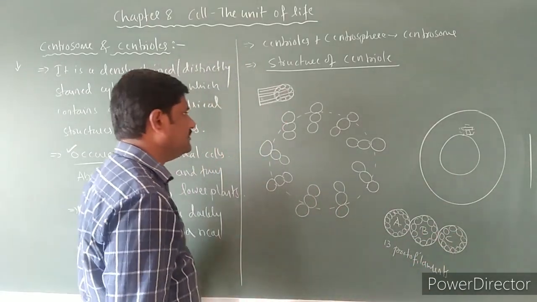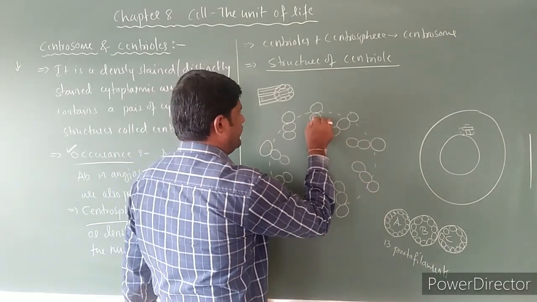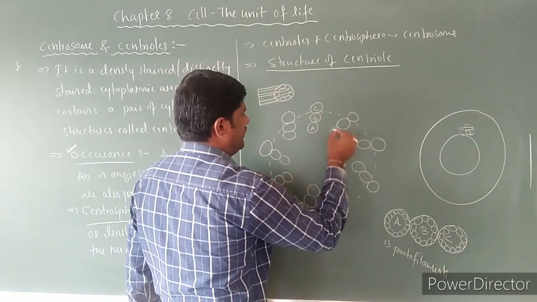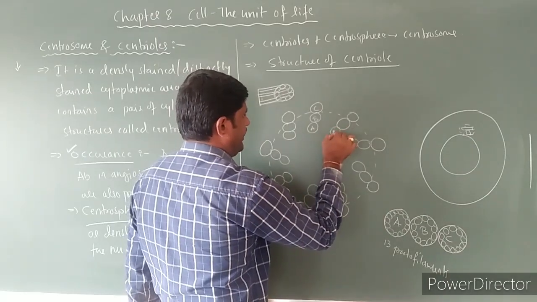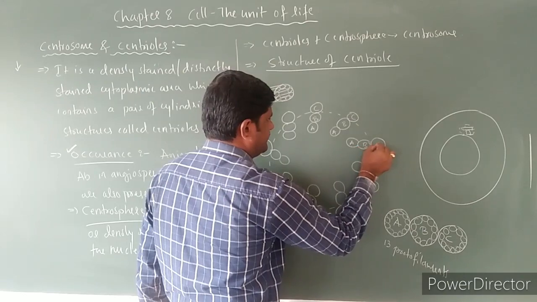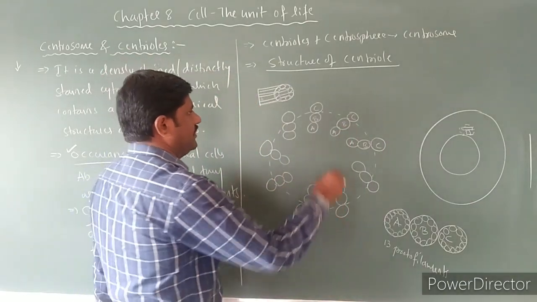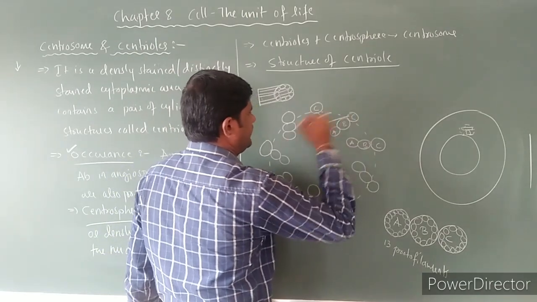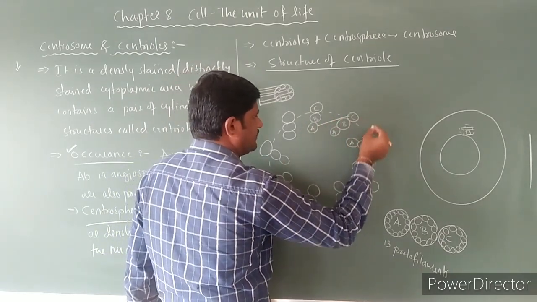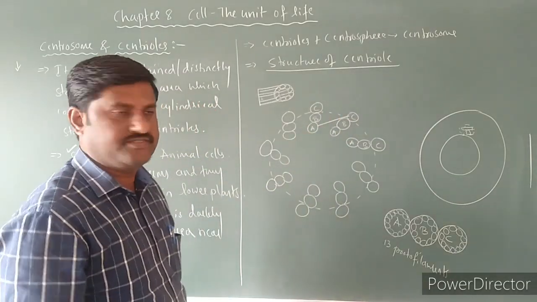Remember, here we consider this is A, this is B, this is C. In all these, there are respective A, B, C. And one thing we should remember here: A is connected to C of the adjacent triplet.